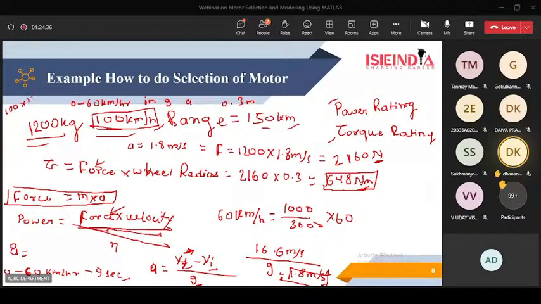Sir, I have one doubt. From 0.3, how does the wheel radius come? If you are taking the wheel, you measure the wheel radius. Torque is force into the radius from which it is rotating.